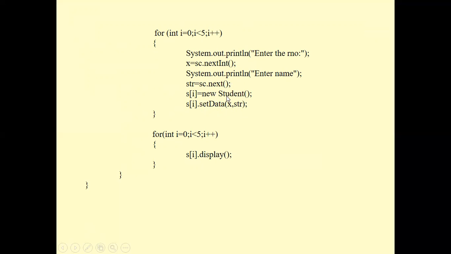This will be repeated 5 times, and we will be reading register number and name of 5 students. Now using this for loop, we'll print the register number and name of all the students one by one.